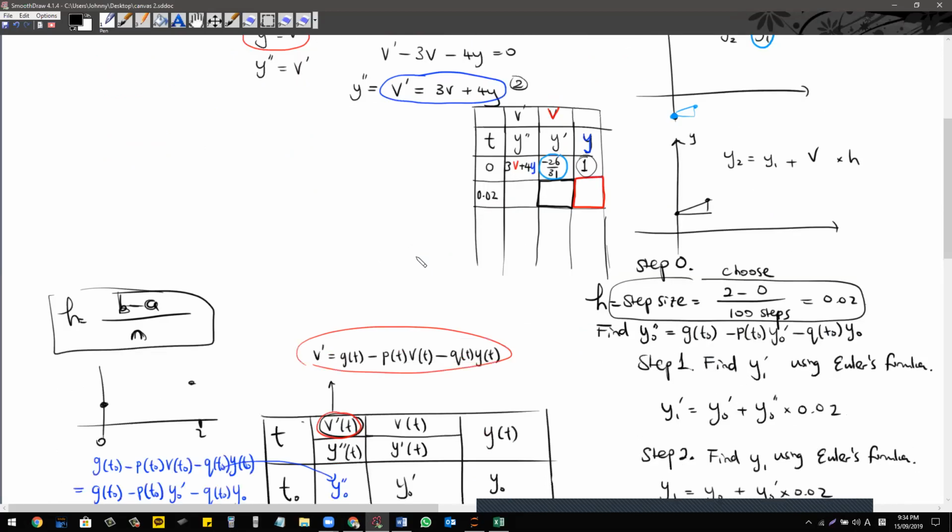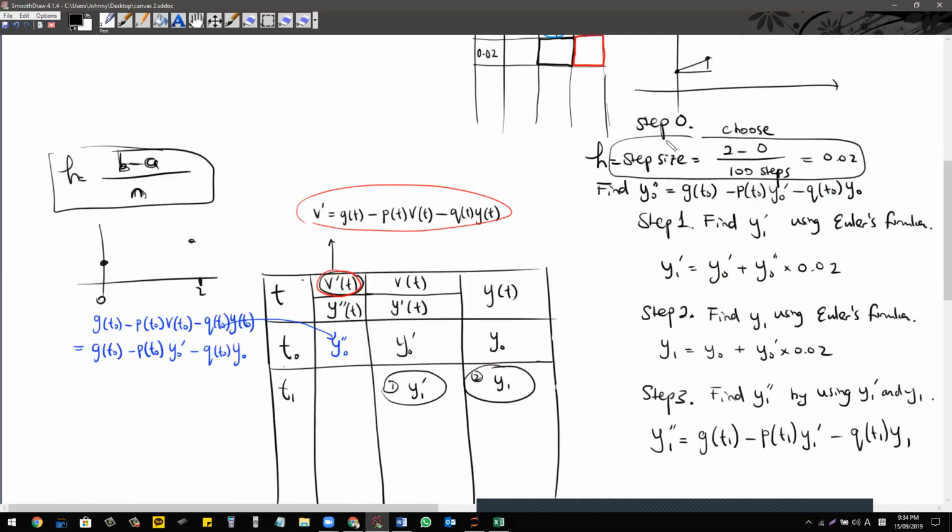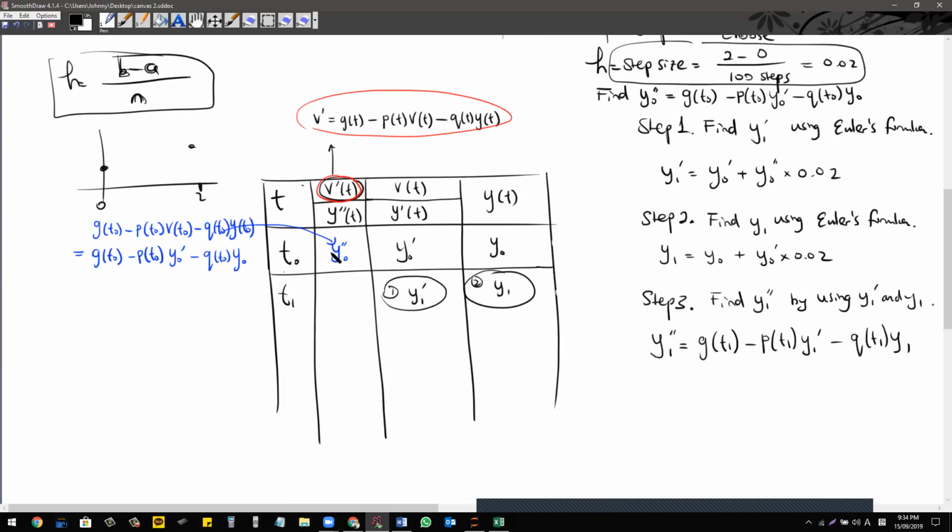Okay, so the first step, the 0 step, is you find this value. These two are given. Understand? So these two are given, and you find this value using those two. And then you find this one. That's step 1, using these two.